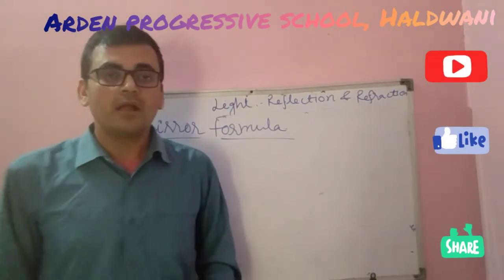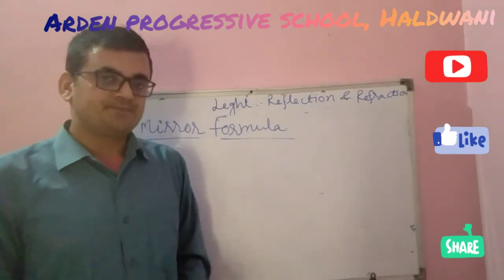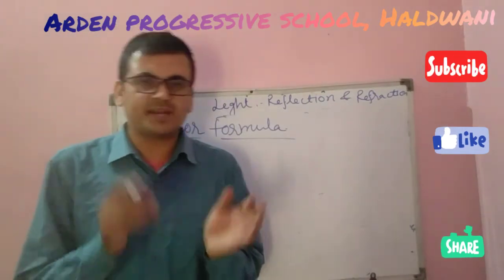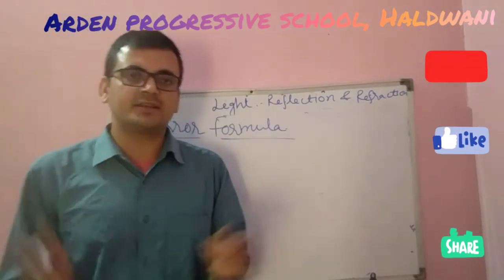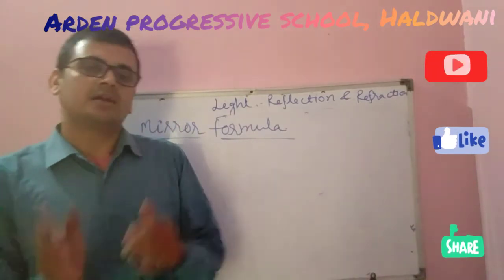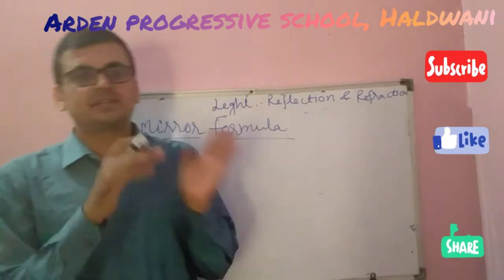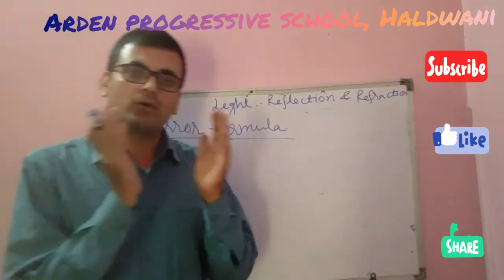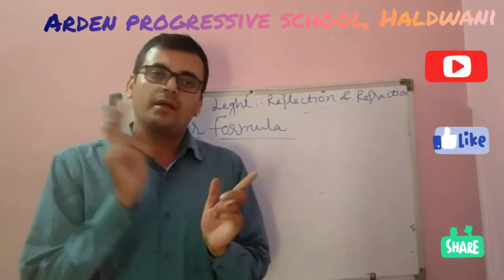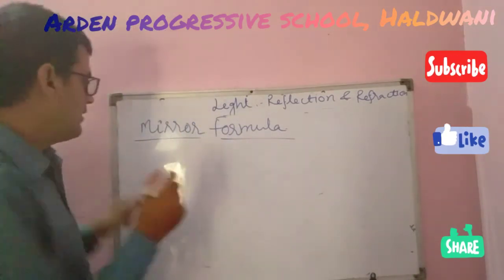Okay. The mirror formula has a very simple definition. A formula which gives the relation between the distance of object, distance of image and focal length of the mirror is called mirror formula.